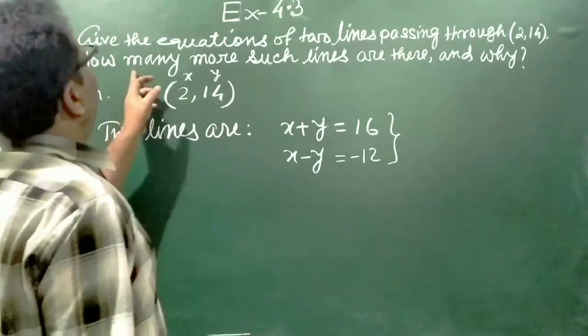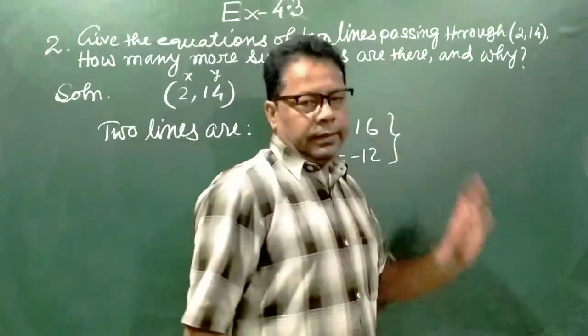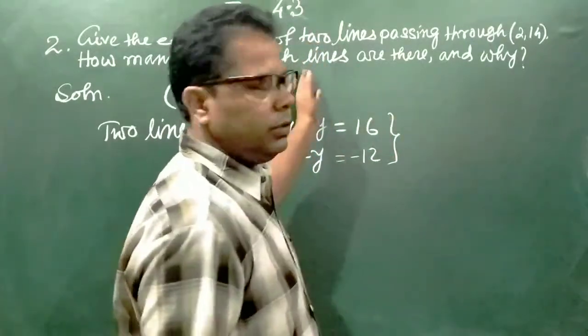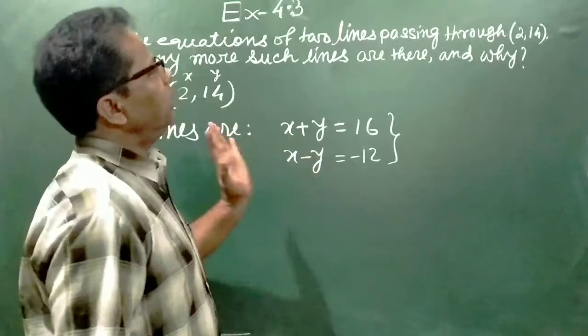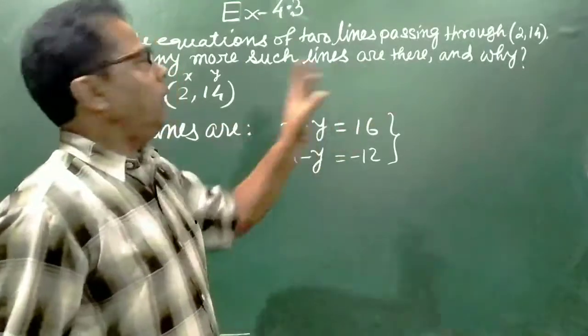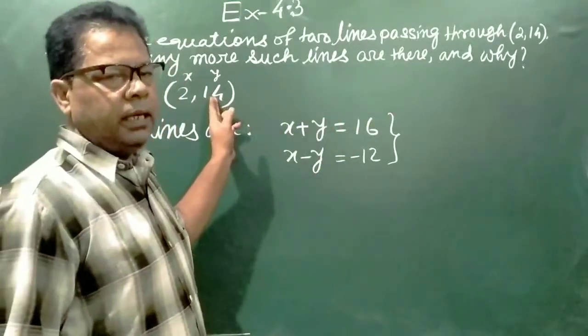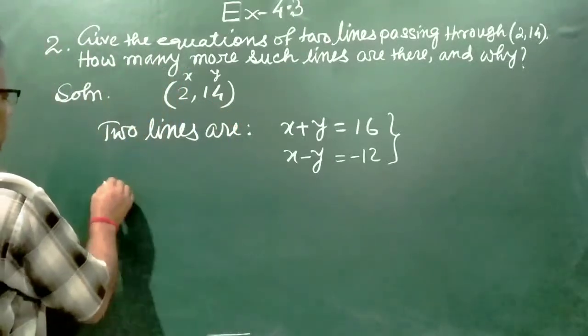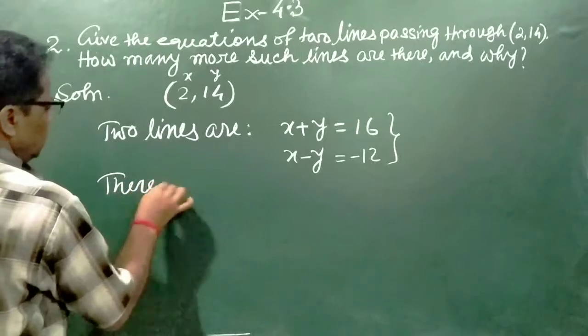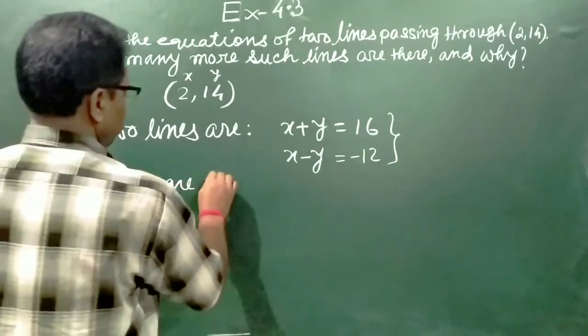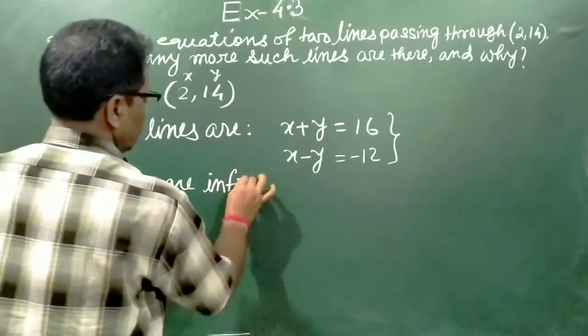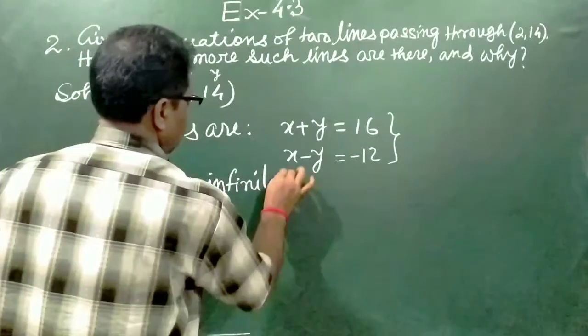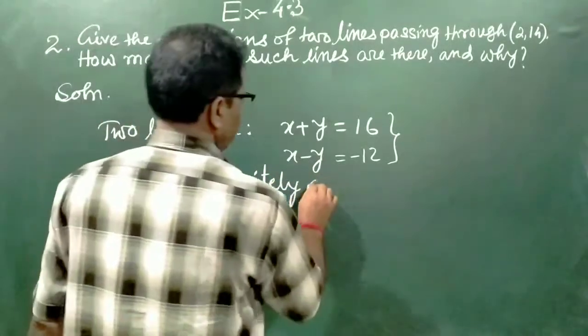Now how many more such lines are there? There are so many lines, like this example we can put there. And why? Through one point, infinitely many lines can be passing through.